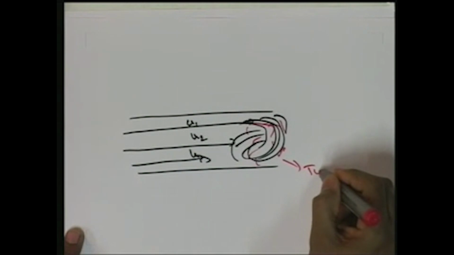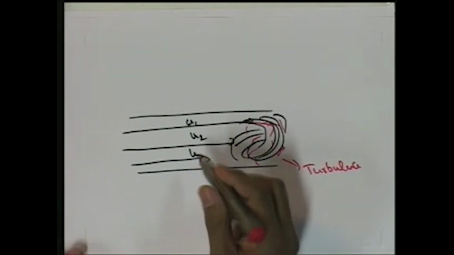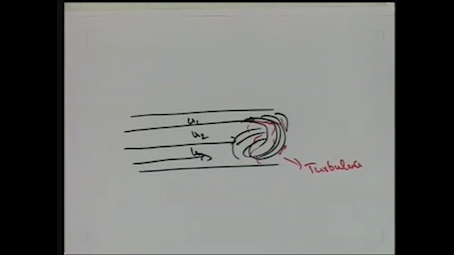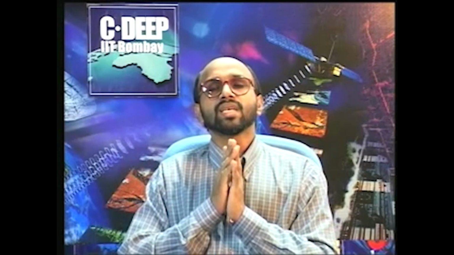So, this region is now turbulent. This turbulence which is generated is called free turbulence. As you can observe, there is no specific reason for the turbulence; it occurs only between different layers. The velocity changes and then turbulence is generated. So, this is called free turbulence.